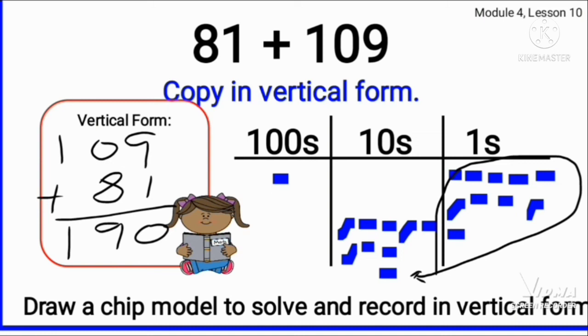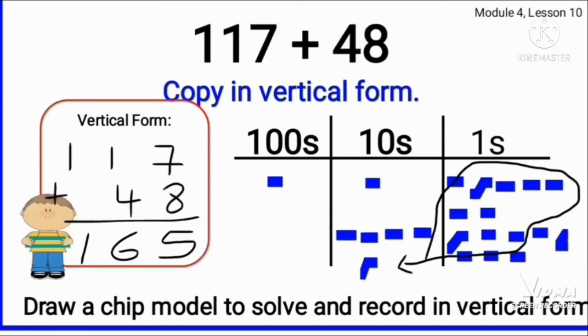So in the ones place I have 0. 9 plus 1 is 10. I'll write down the 0 and then compose a 10. 1 ten plus 8 tens is 9 tens. And I write down my 1 in the hundreds position. So I have 190. Here's another one.